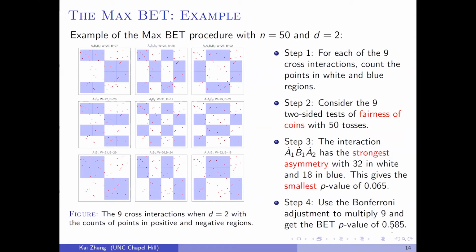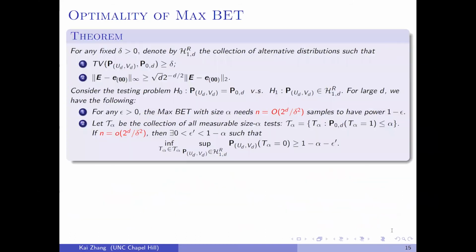Although the procedure is simple, it turns out that its power can be minimax optimal. Here's the theorem summarizing the optimality. The only additional assumption we need here is this sparsity assumption, which I'll talk about later. Under this additional condition, we can show that the power of the max BET can be arbitrarily close to 1 if the sample size grows at this rate.